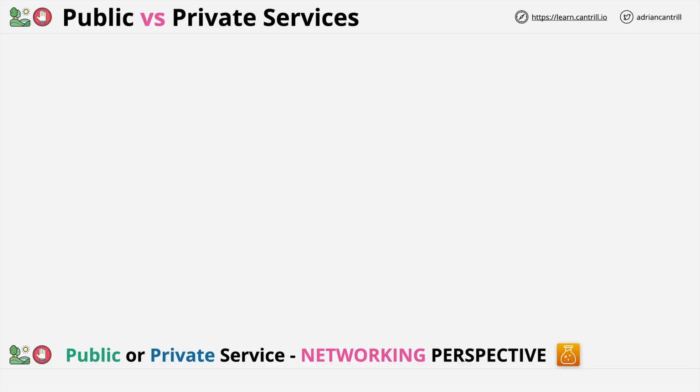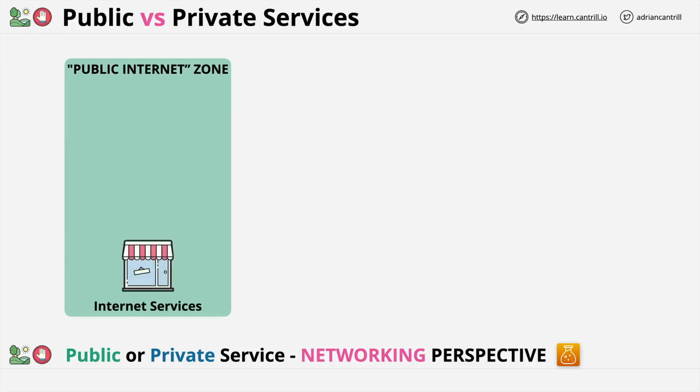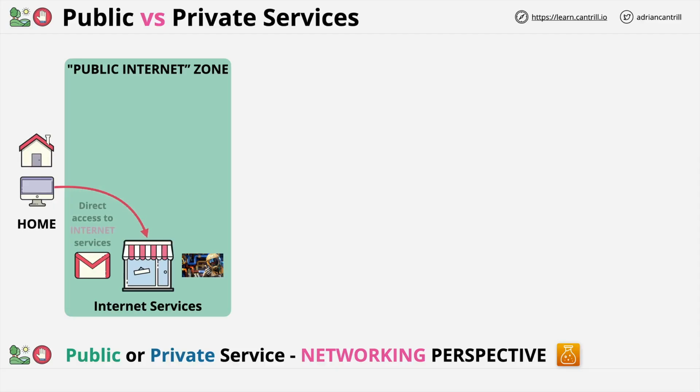When thinking about any sort of public cloud environment, most people instinctively think of two parts, two types of the network, two zones. First is the internet. This is the zone where internet-based services operate from, things like online stores, Gmail, and various online games. So if you're sat at home playing an online game or watching training videos, chances are you're connecting to the internet via an internet service provider.